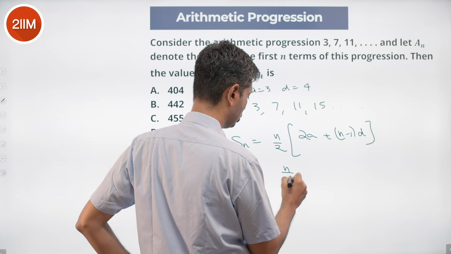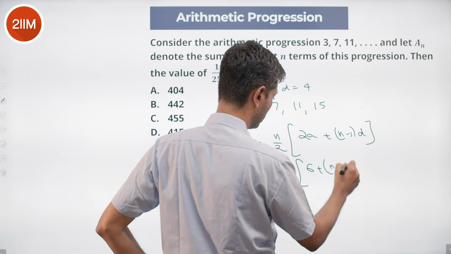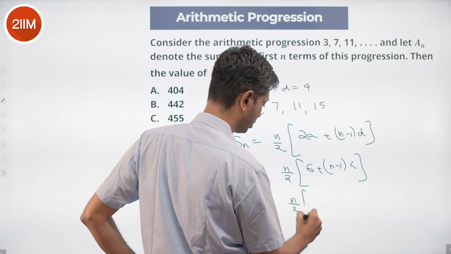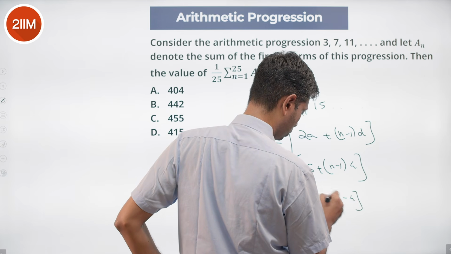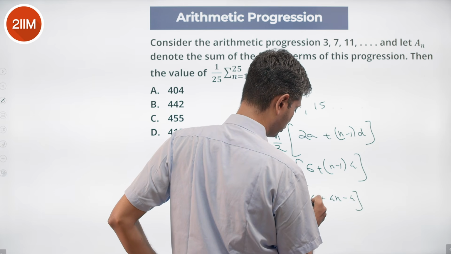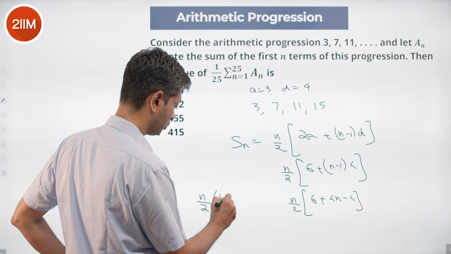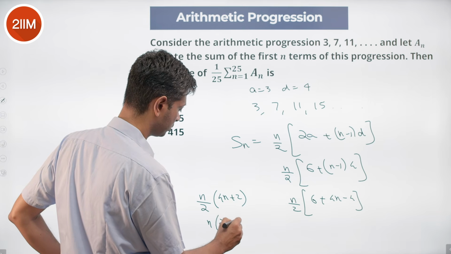This is n by 2 times (2 into 3, 6, plus (n minus 1) times 4), which is n by 2 times (6 plus 4n minus 4), this becomes 4n plus 2. This is n by 2 times (4n plus 2), or n times (2n plus 1).